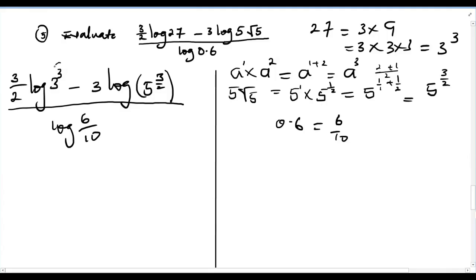So if this power leaves this particular part to the back of the log, and this one is moved from here to the power of this number, we're going to have something like this. We're going to have 3 over 2 multiplying 3, the log of what? 3 minus. So this 3 that is here is the one that is moved from the power of 3 to the back of the log.